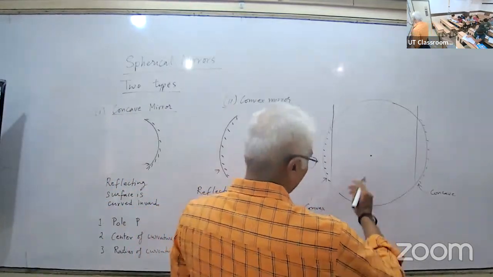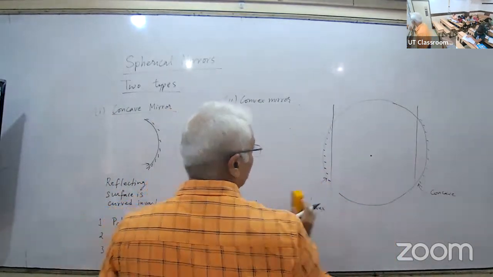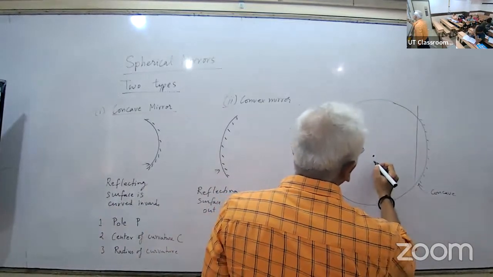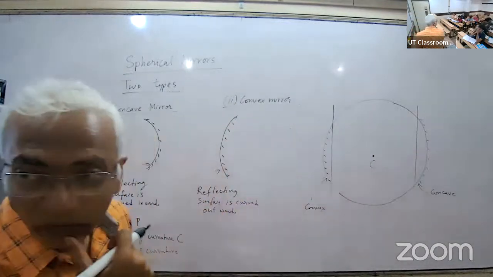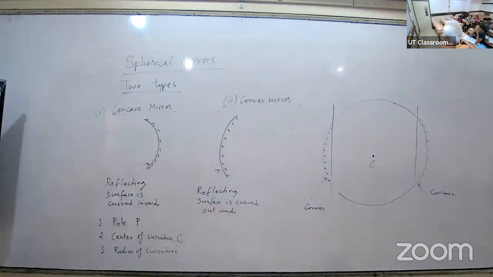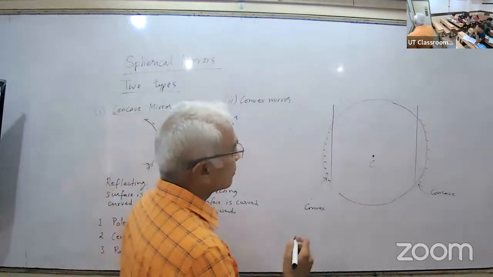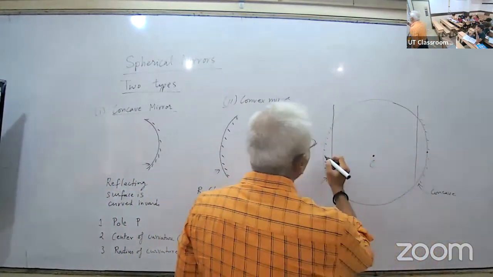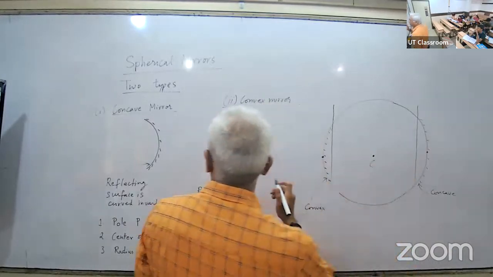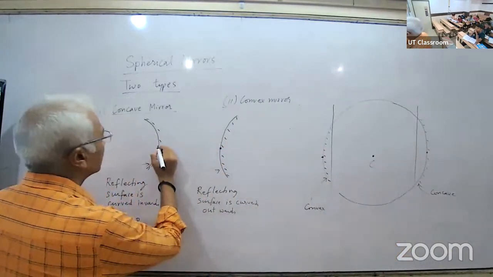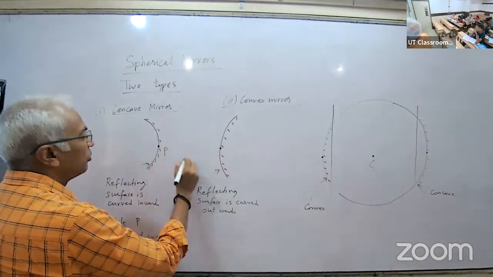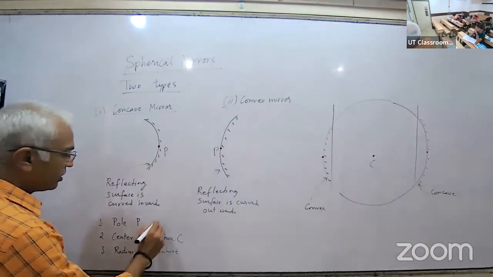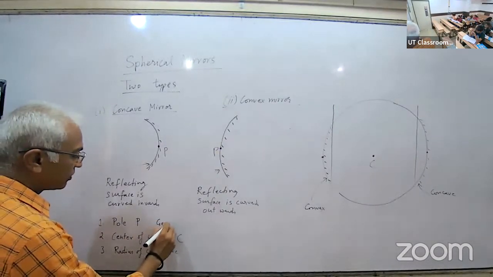Now see, this point is the center of the sphere from which the mirrors were cut. Now in this mirror, you can mark the geometric center, like this point over here and over here. This is called pole. It is the geometric center of the mirror.